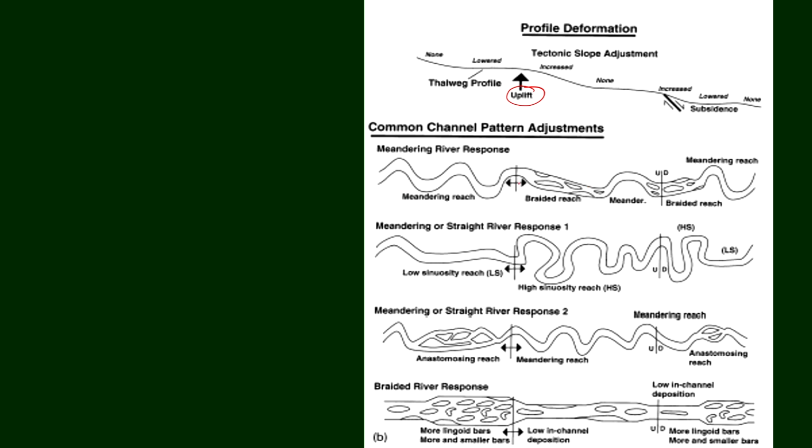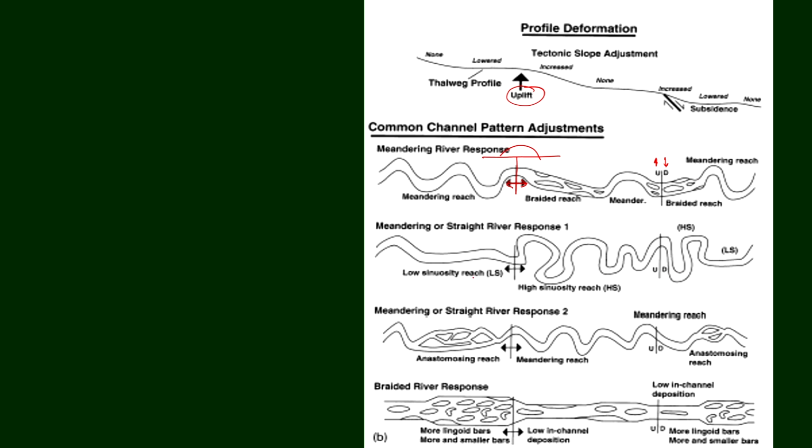For example, just above this, which shows anticlinal areas, if you have a meandering channel upstream, it will turn into a braided one. Further down, if you have down faulting, this is up and this is down here, so again from meandering it will turn into the braided type.